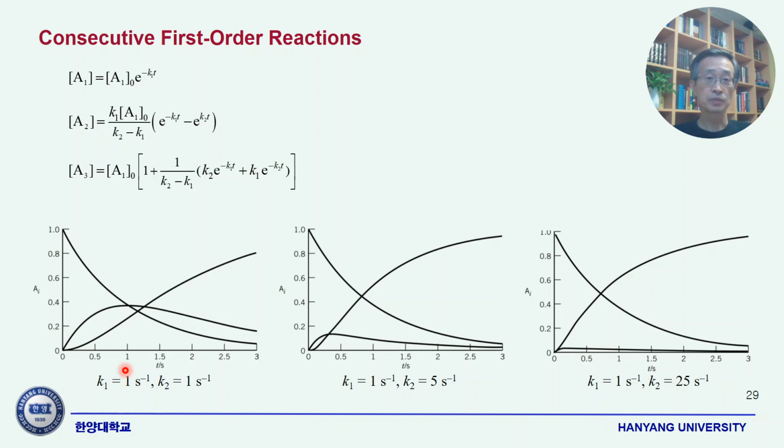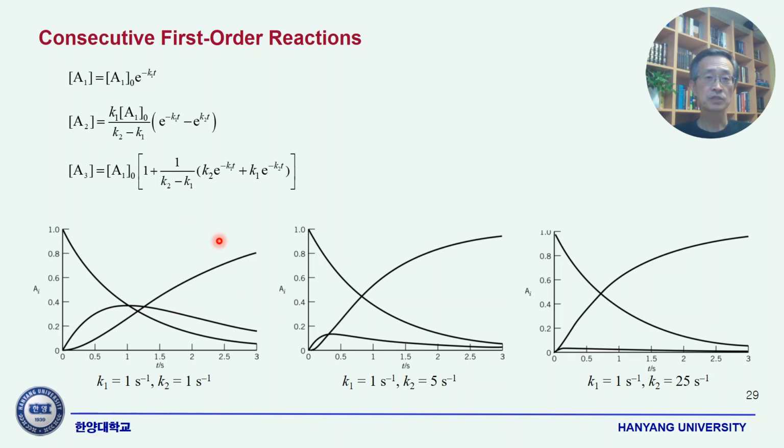The conditions are k1 equals 1 per second and k2 equals 1 per second. With k1 and k2 the same, a1 reduces and a3 accumulates, while a2 just grows first and then reduces.